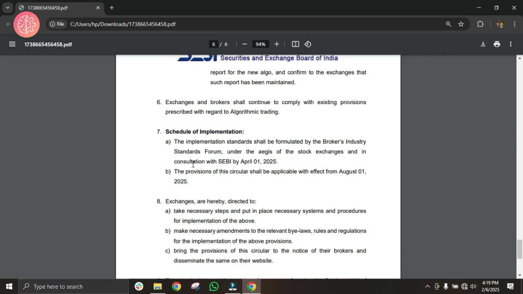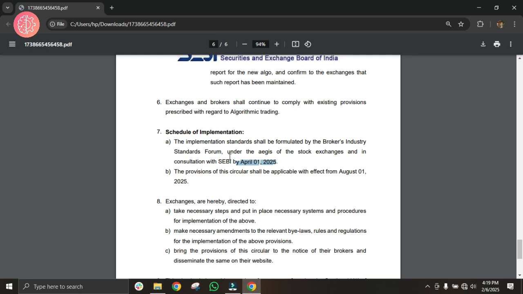Coming to another positive point, which is the schedule of implementation. SEBI has laid out a date: by the 1st of April 2025, the technical specifications should come in. What we have discussed so far was at a 40,000 feet altitude, a broad summary of the philosophical rules that have been defined: you can do this, you should do this, and you shouldn't do that.